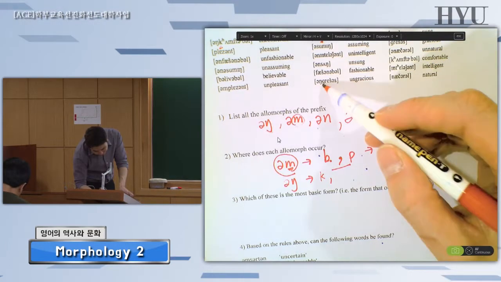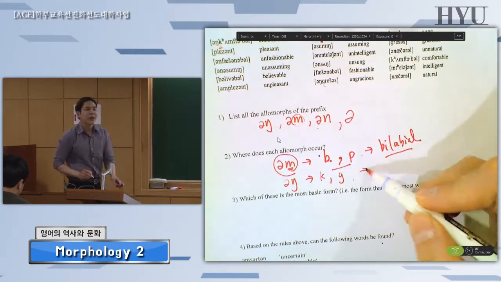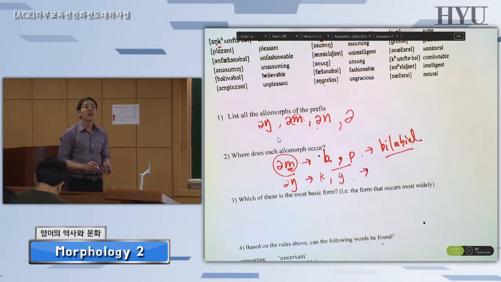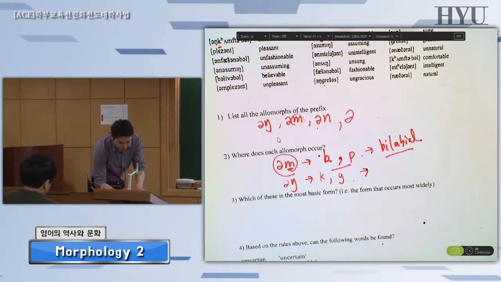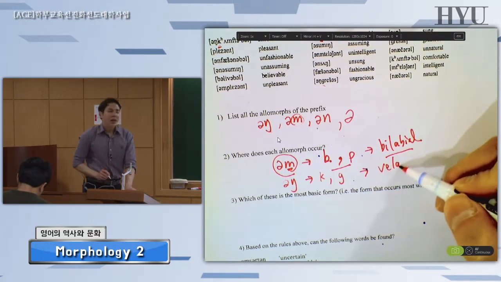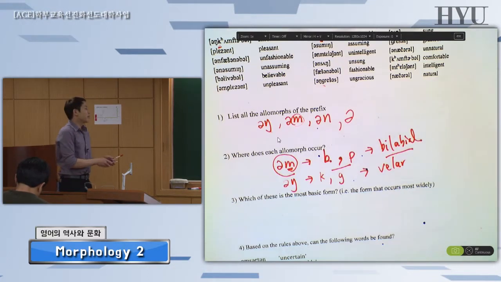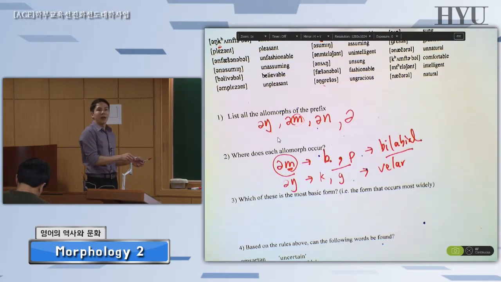Here, right, before G. And what kind of sound are K and G? Velar sound. And this makes sense, right? Because N with a tail is also velar, right? It is deep in your throat. So velar. So it seems that for these two allomorphs it is the process of assimilation again, right? Assimilation.